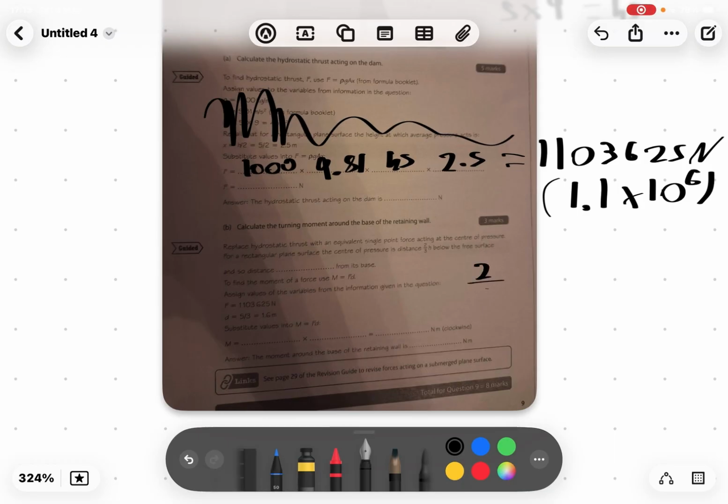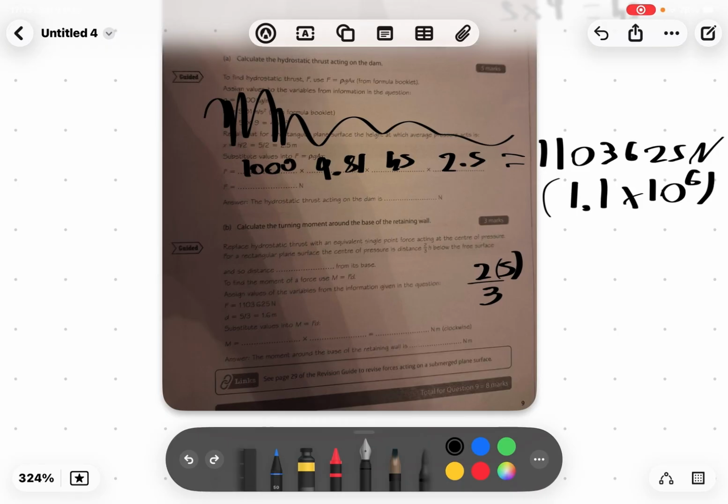So 2 over 3, and then over here we're just going to times it by 5. If it's in the middle, you move the number over here on top and times it by this number.